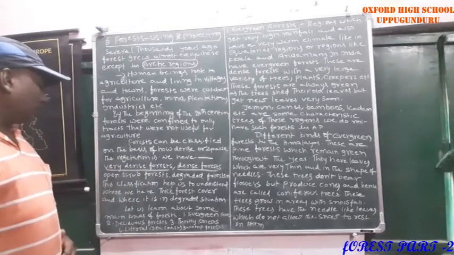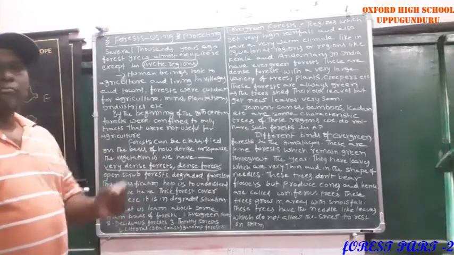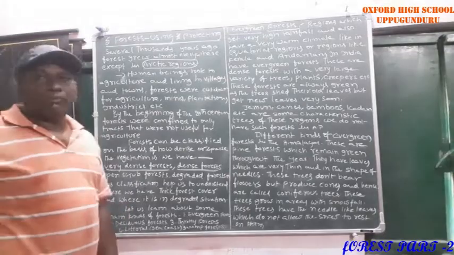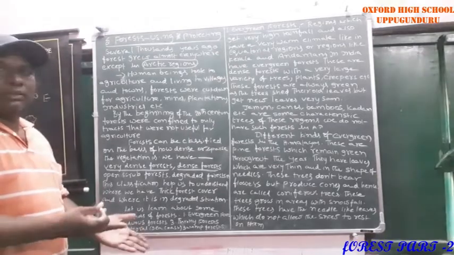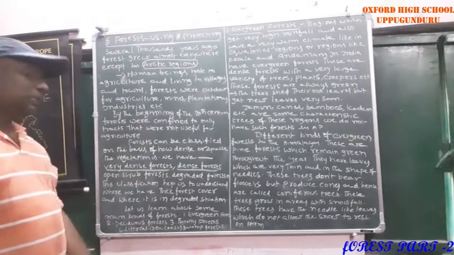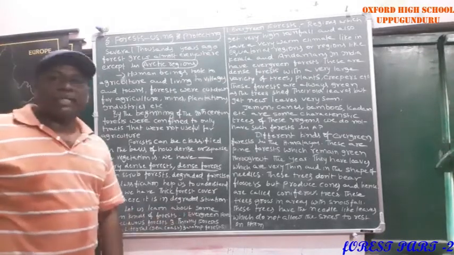So, coming to our lesson, we are going to learn the classification of forests, the different types of forests. Sir, what are the different types of forests we have? Surely, we have evergreen forest, deciduous forest, thorny forest, and littoral forest.